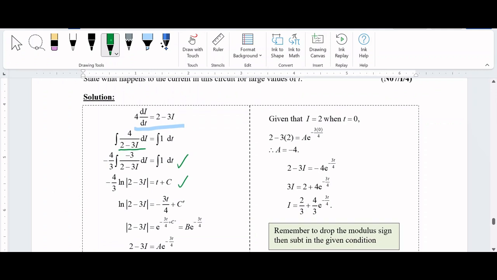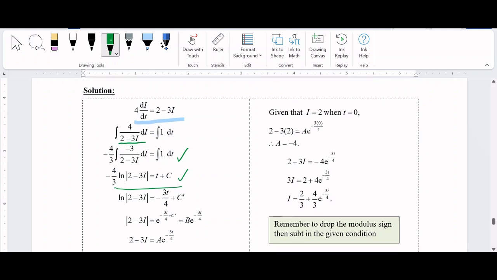Now suppose once I'm done with the integration, I'll get to this step. What I'm going to do next is that remember the question actually needs me to make I the subject. So it involves me trying to rearrange this expression. Of course, the fastest way is to first multiply by negative 3 over 4 on both sides to get this. Now instead of writing negative 3 over 4c, I can just replace it with an arbitrary constant called c prime, or d, just something else that is not c anymore.